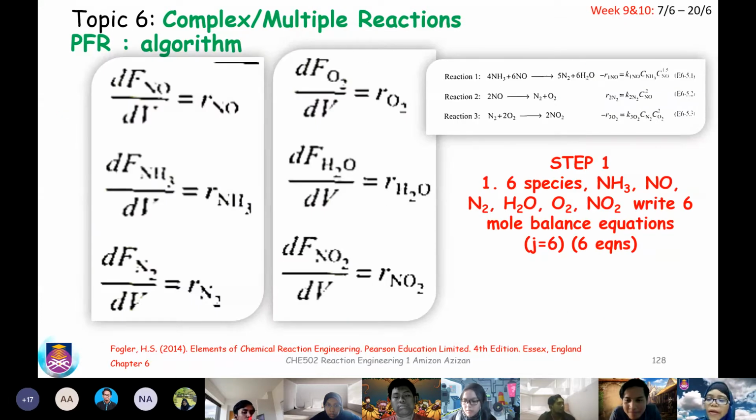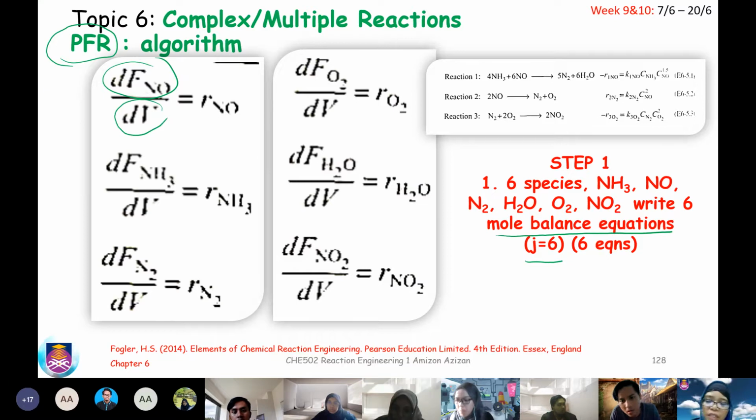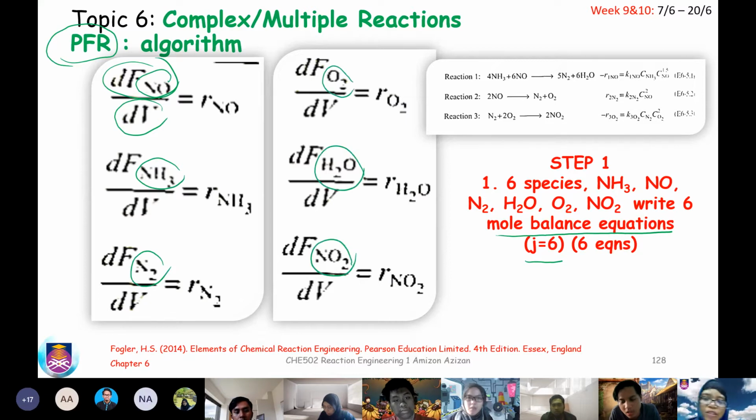Step number 1, by writing the mole balance equation, we know that we have 6 species and we are dealing with PFR. So it's simply the change of molar flow rate with respect to the volume for all the species: nitrogen oxide, ammonia, nitrogen, oxygen, water, and nitrogen dioxide.